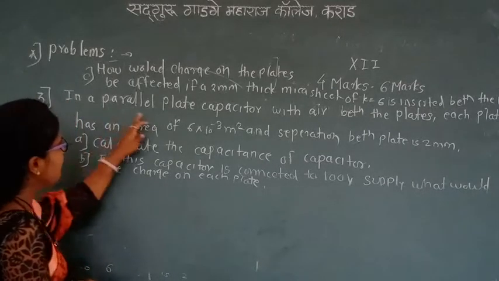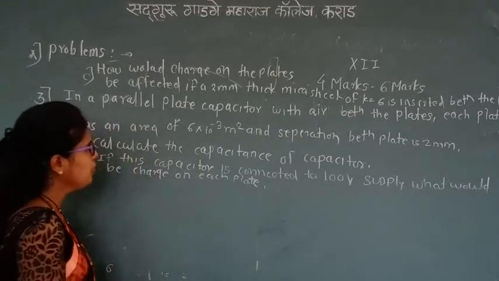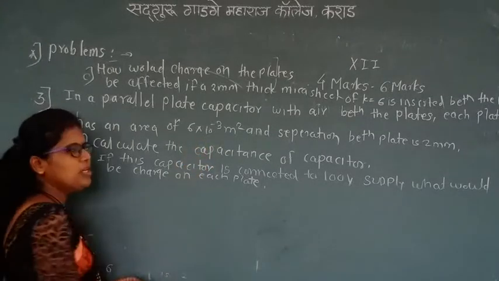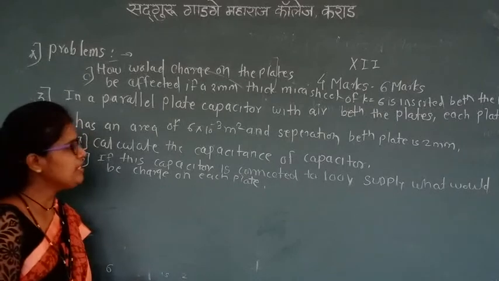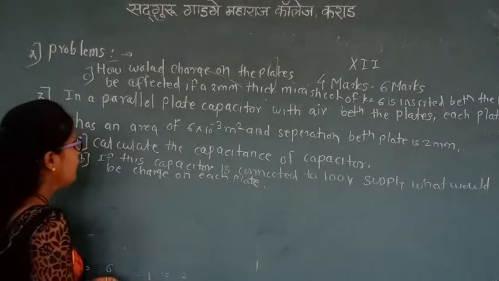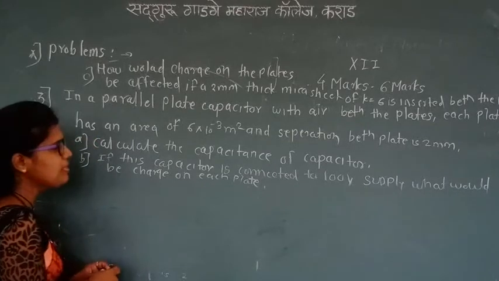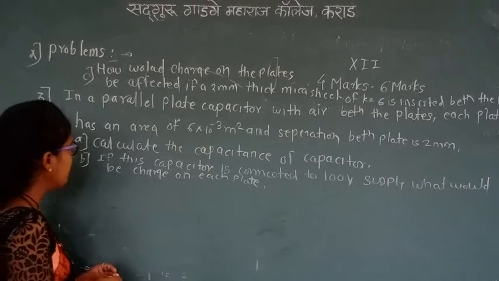In a parallel plate capacitor with air between the plates, each plate has an area of 6 into 10 raised to minus 3 meter square, and the separation between plates is 2 mm. First, A, we have to calculate the capacitance of the capacitor.